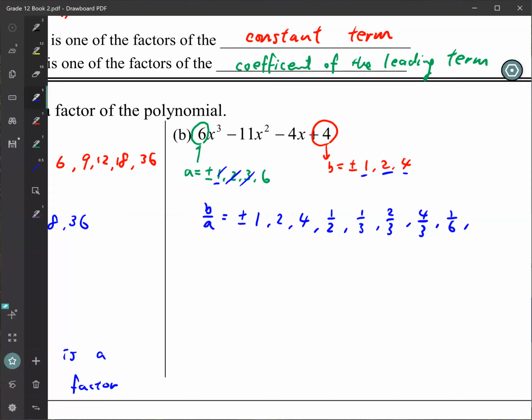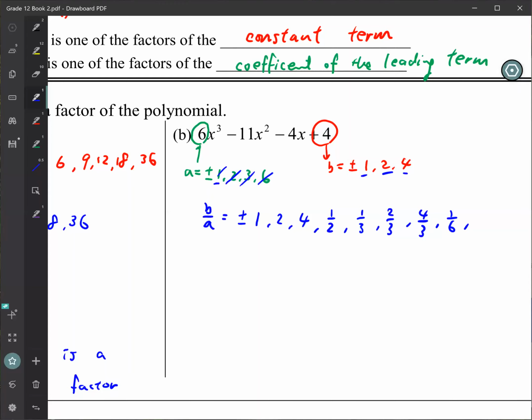That's it? How come? Because we still have the 2, right? 2 over 6, that goes into 1 over 3, right? Okay. How about 4 over 6? 2 over 3. Okay, good. So the other two, they are just the same as before. Okay. So total, you should have this.